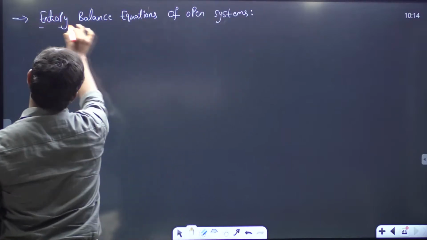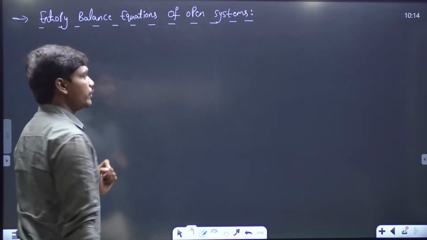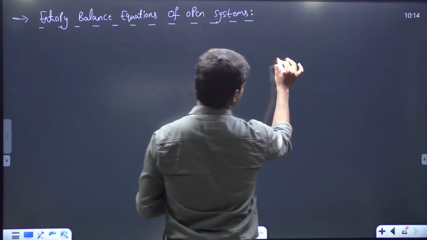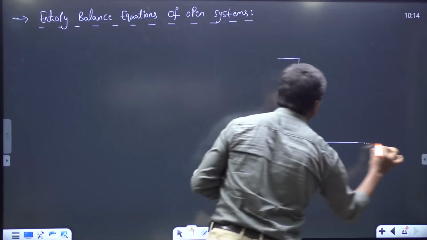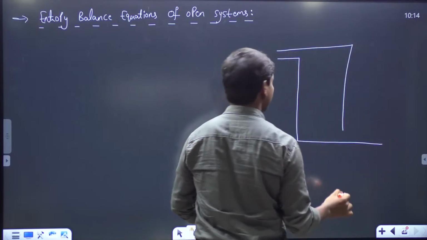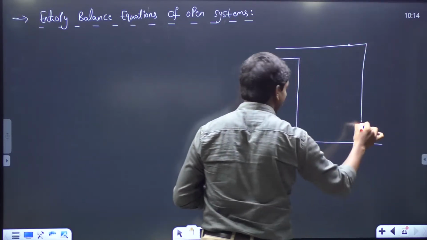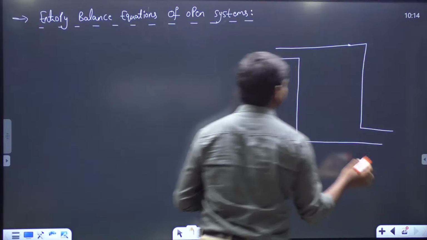Okay, so if you take this as a case, see here, if you have a control volume, something like this. Let us suppose things are like this.